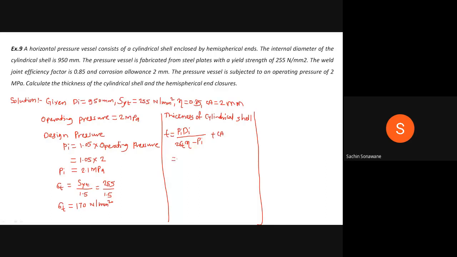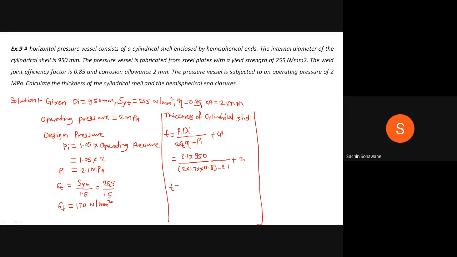Substitute the values: 2.1 into 950 divided by 2 into 170 into 0.85 minus 2.1, plus corrosion allowance 2 mm.